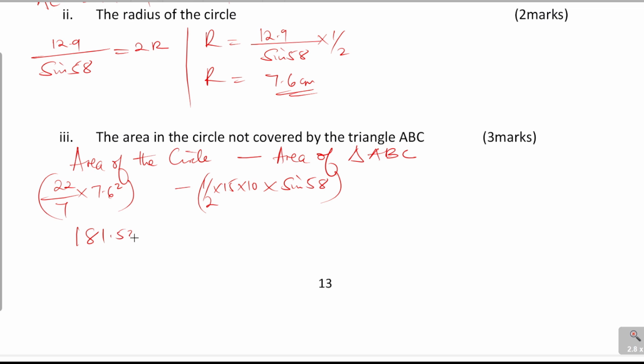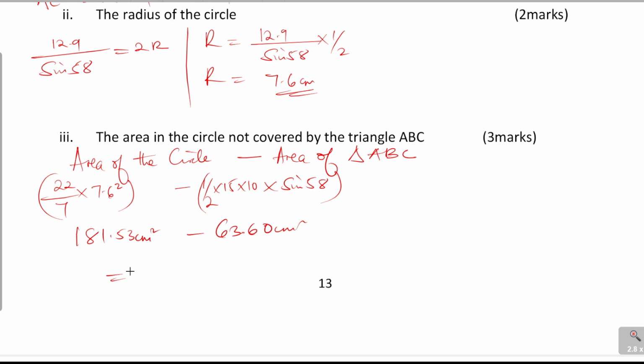That will give 181.53. Then we have 150 multiplied by sine of 58. Then we divide that by 2. That gives 63.60 centimeters squared.